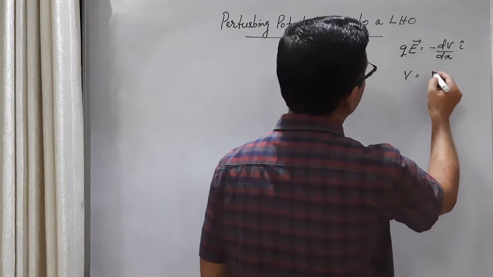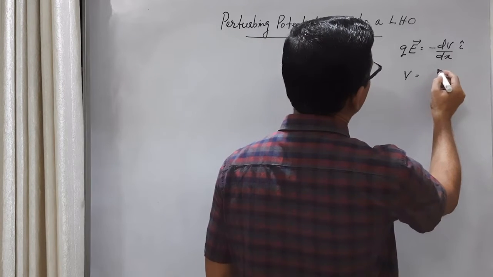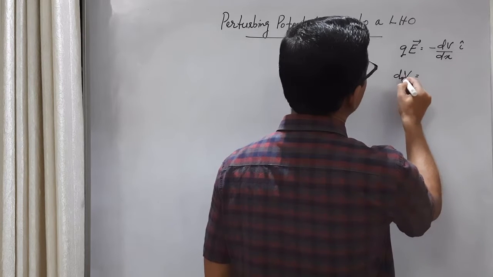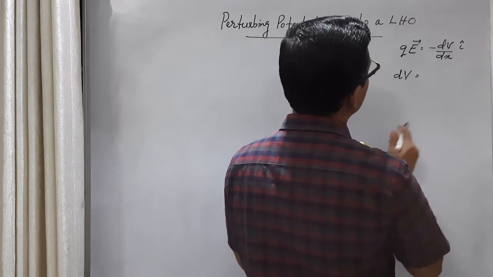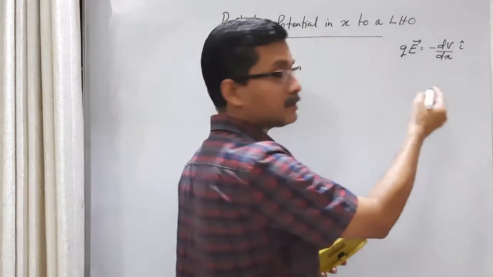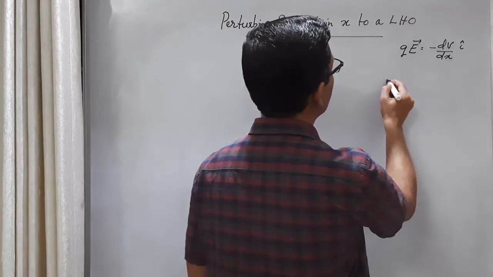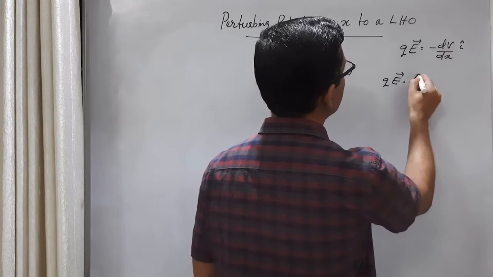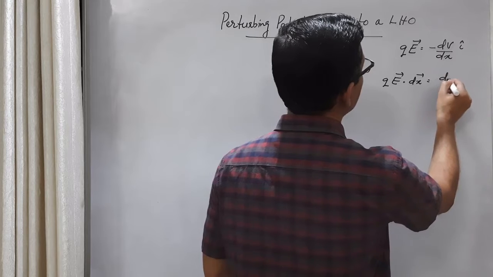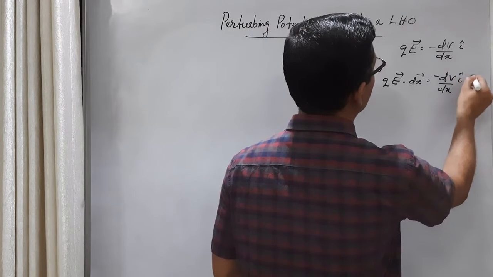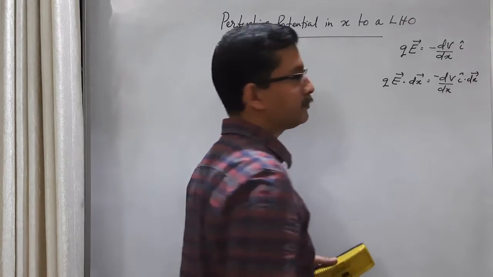Let us take the dot product of both sides with dx. So we have qE dot dx equal to minus dV by dx i cap dot dx.